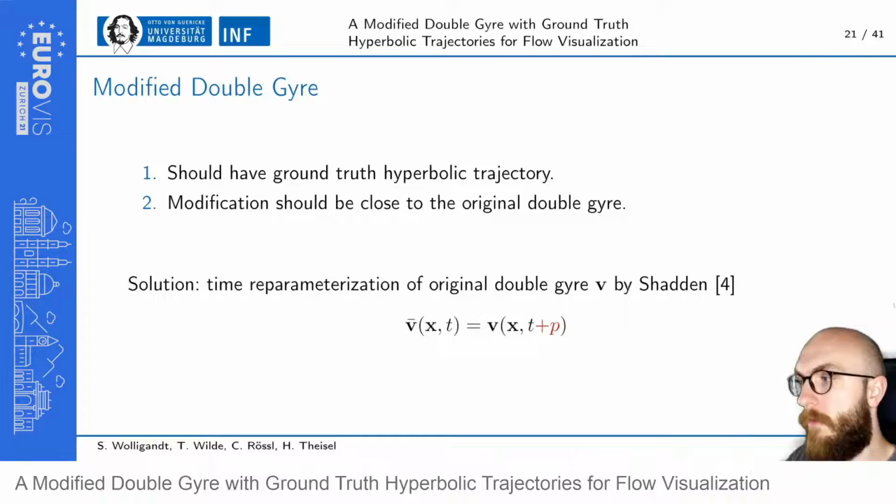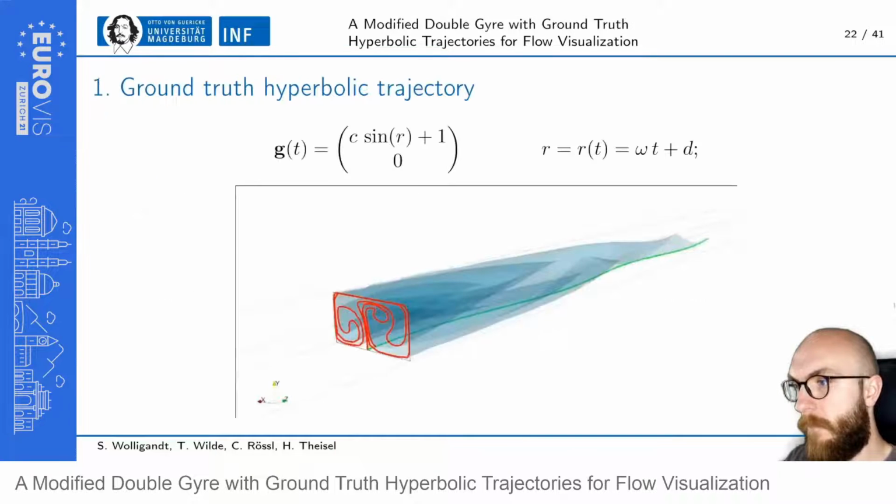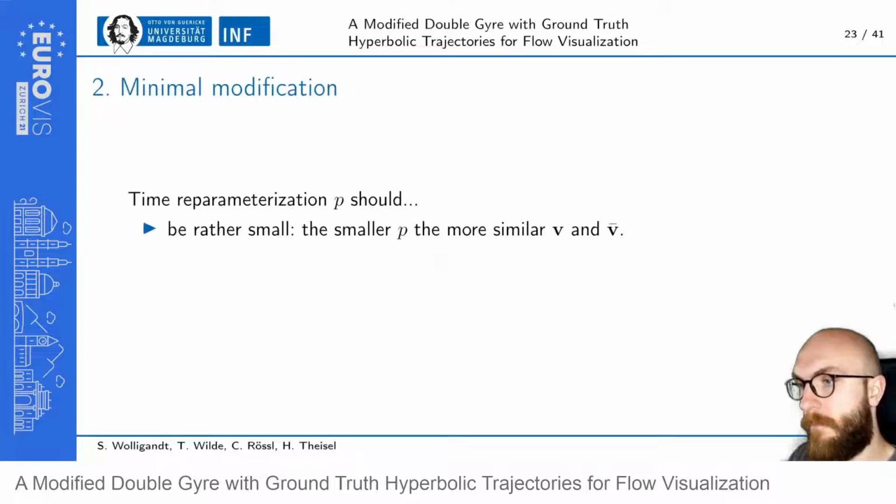Our solution is a reparametrization of the temporal domain of the original double gyre. That means we introduce this p. The hyperbolic trajectory is described by this sine function g. You can see g in the picture again as a green curve. Now we have to define how the reparametrization p should look.